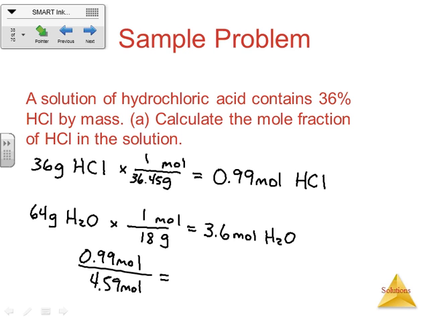Almost put it in wrong on my calculator. So I'm getting like 0.22, is that right? And what are the units for mole fraction? You'd want to put the mole fraction in a decimal, which is a little bit confusing. This is moles over moles, right?